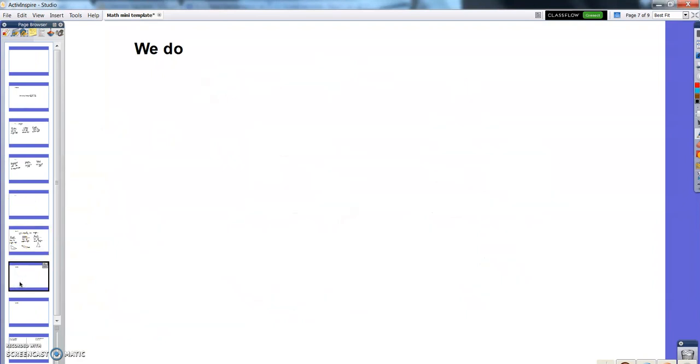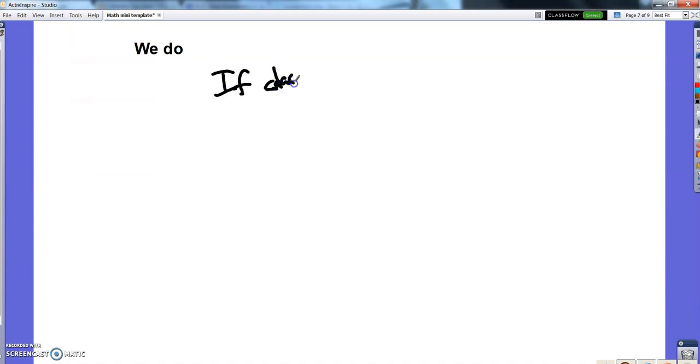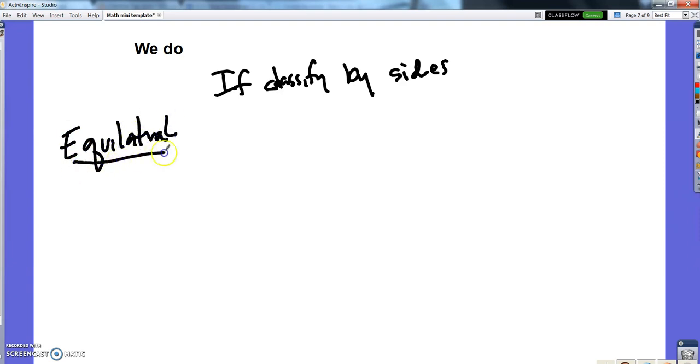Okay. If we classify by sides, then we have equilateral, all three sides congruent.